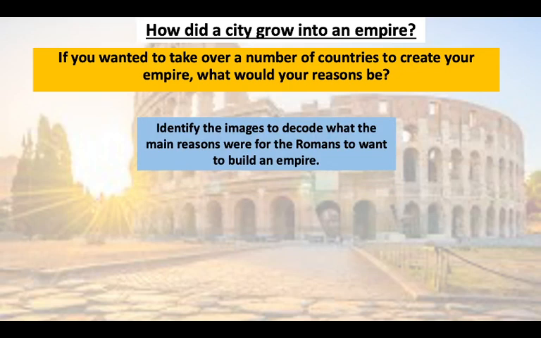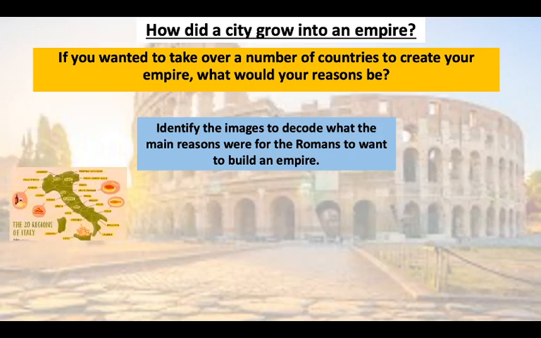So, we're going to look a little bit deeper now at what the main reasons were for the Romans that wanted to build an empire, because our whole new topic that we're looking at is the Roman Empire. So here are a couple of images that I want you to decode about what the main reasons were. So it looks like we have a map of Italy there.